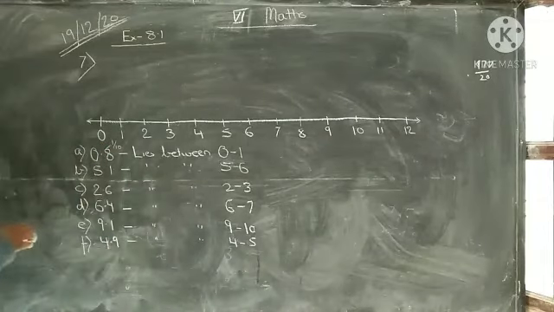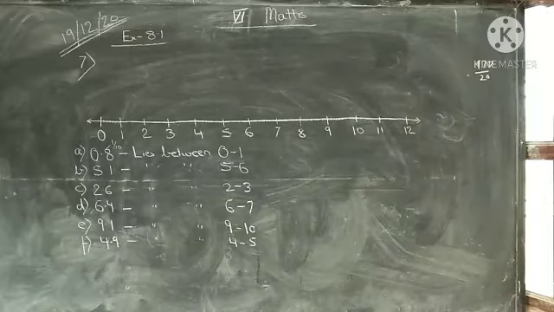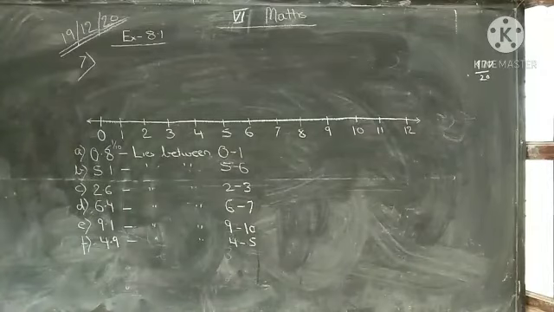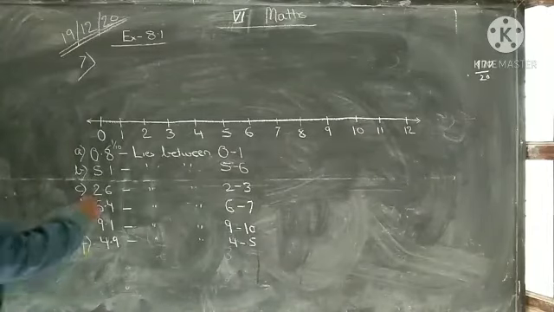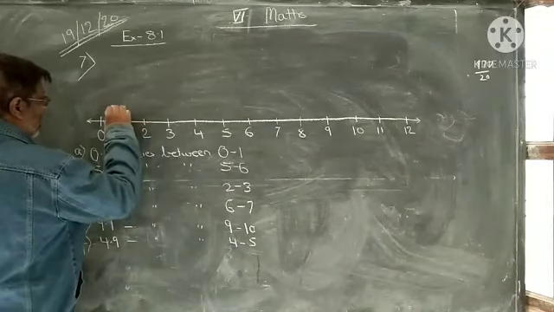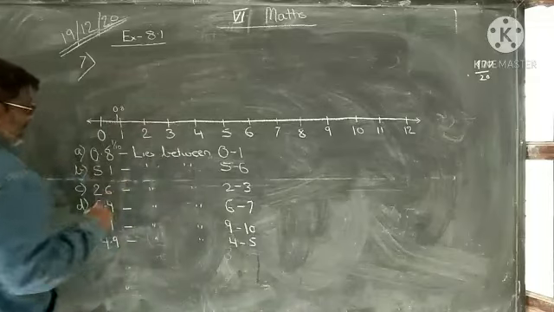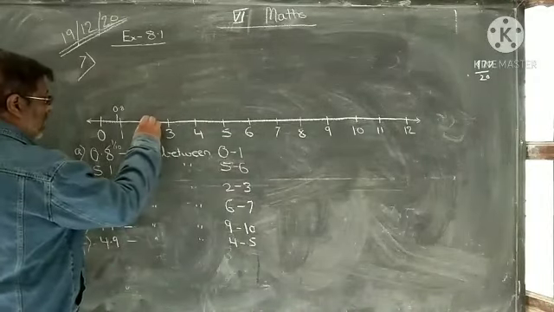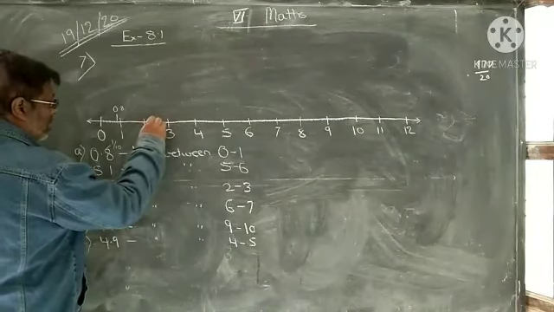And so we need to divide this distance in 10 different parts. So it will come somewhere around over here, 0.8.